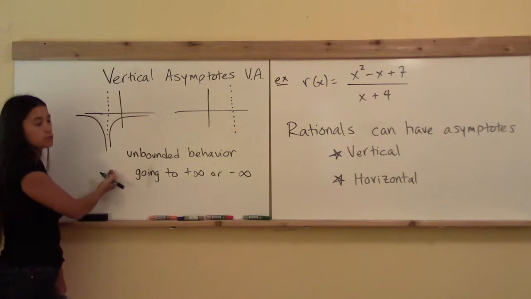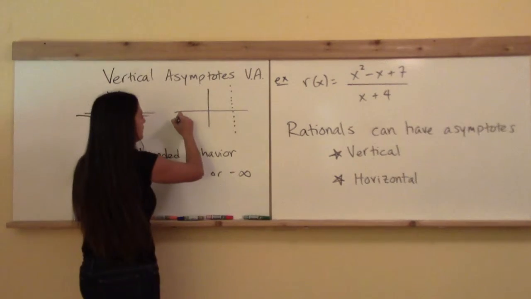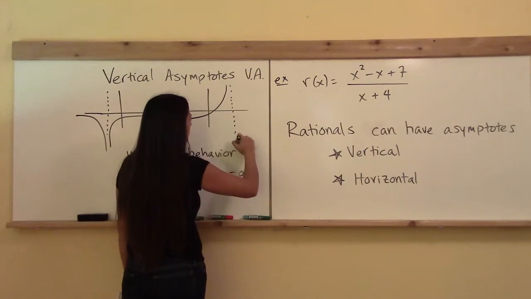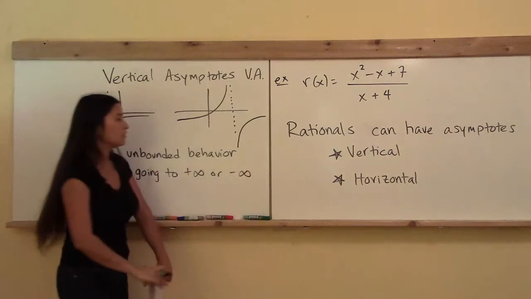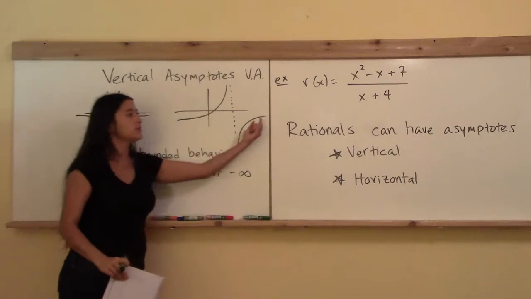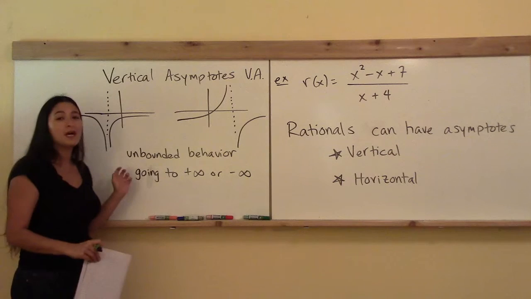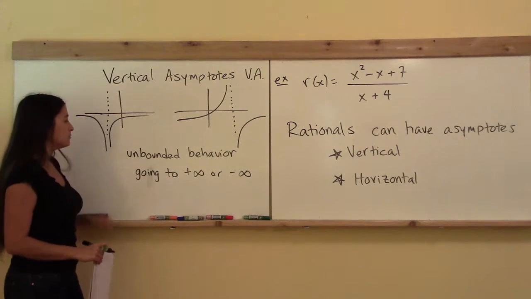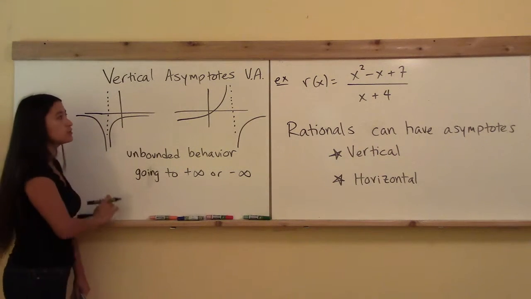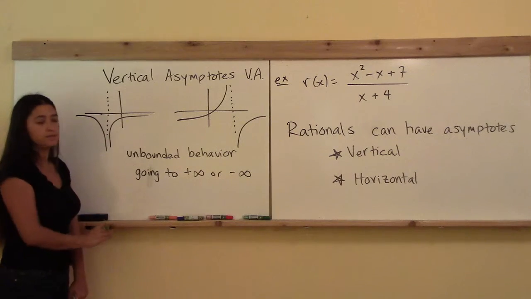So you can see this one is going towards negative infinity, and this one is doing a little bit of both. On one side it's going to positive infinity, on the other side it's going to negative infinity. Whenever it's blowing up like that, it has an unbounded behavior. We will refer to that as a vertical asymptote.